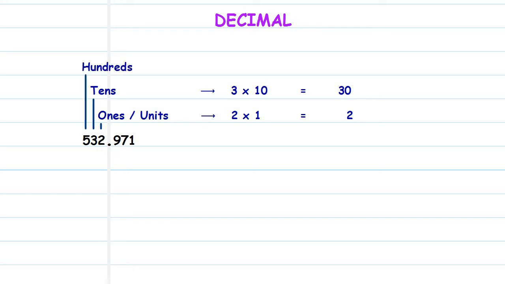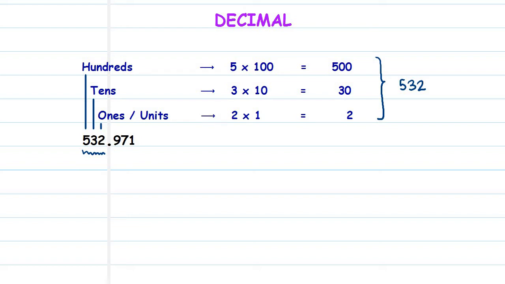The next position is called hundreds, and the value of 5 in this position is 5 times 100, which is equal to 500. You may notice that if we add up 500, 30, and 2 together, we will get 532, which is the value of the whole number part of this decimal.